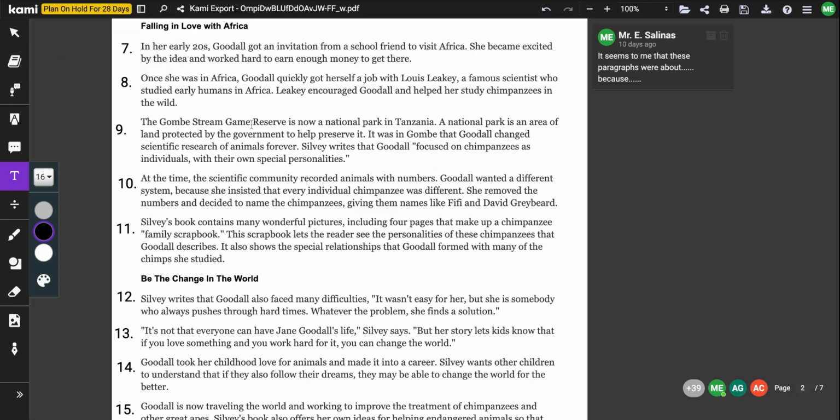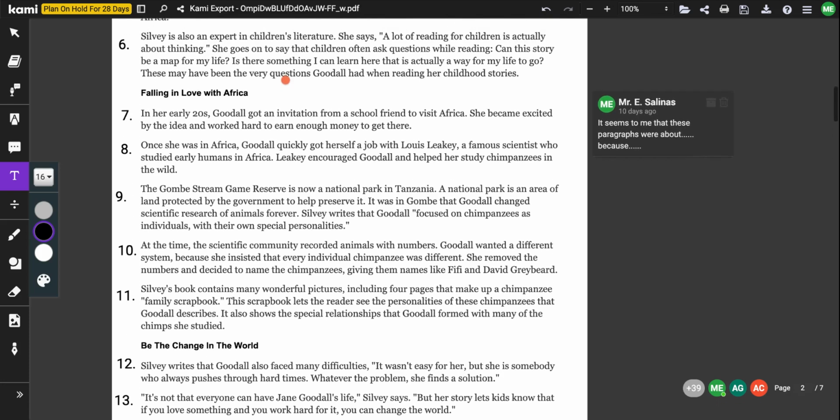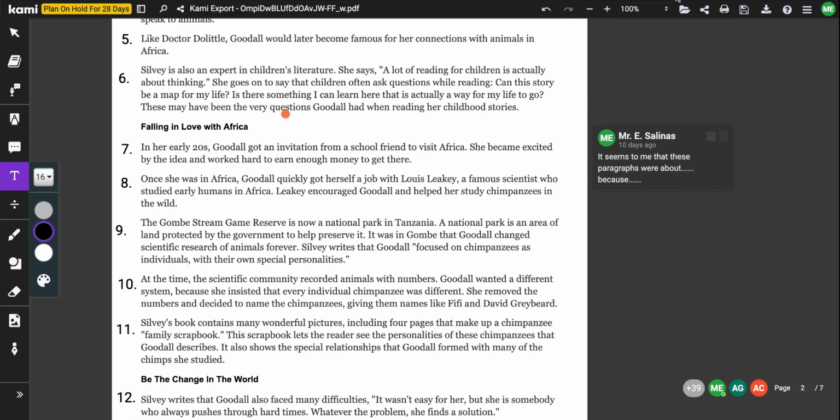When she was in Africa, Goodall quickly got herself a job with Louis Leakey, a famous scientist who studied early animals in Africa. Leakey encouraged Goodall and helped her study chimpanzees in the wild. So there's a lot of paragraphs that can support my response. I can say something like, according to paragraph 8, it states that, and that can be one of the reasons why she decided to study chimpanzees.